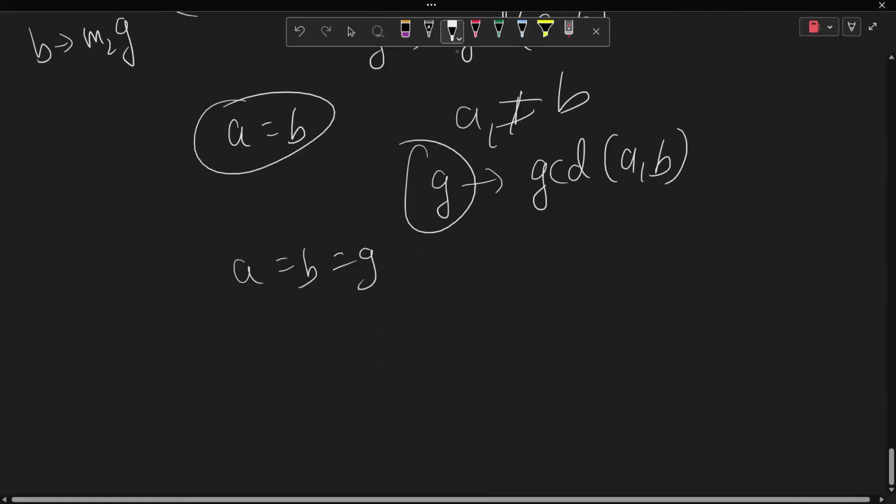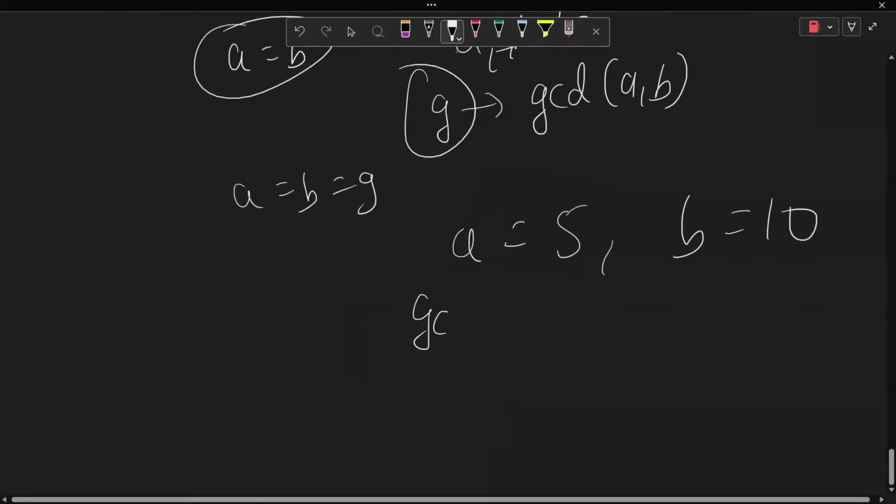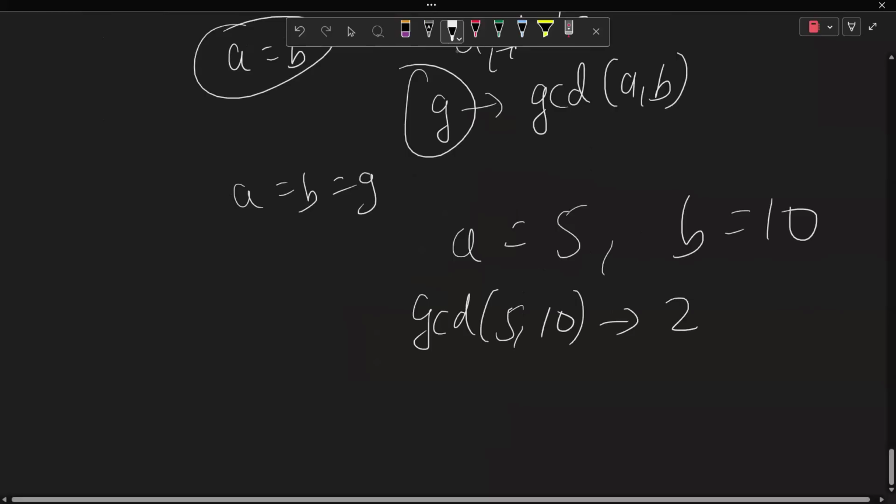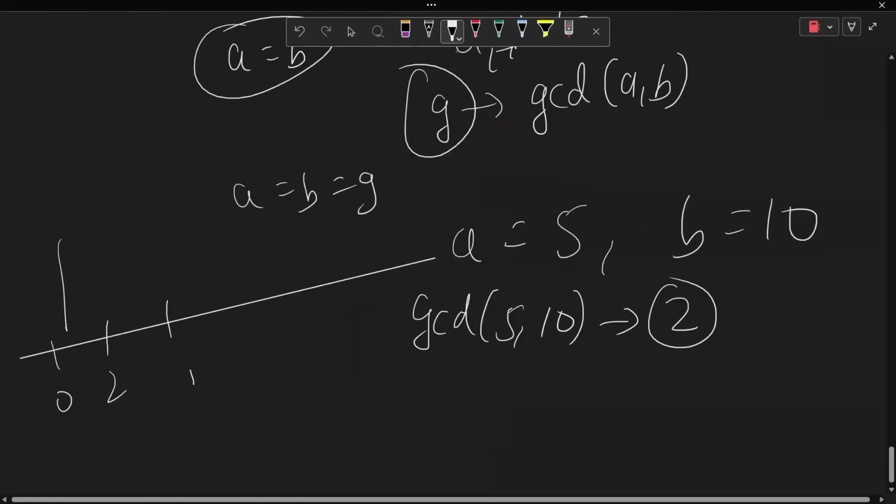Let's suppose your A is 5 and B is 10, your GCD would be 2. So it means you can bring all the values into groups of 2. So you can divide the number line in twos. Whatever the values are, you can bring all of them into a single group of 2.